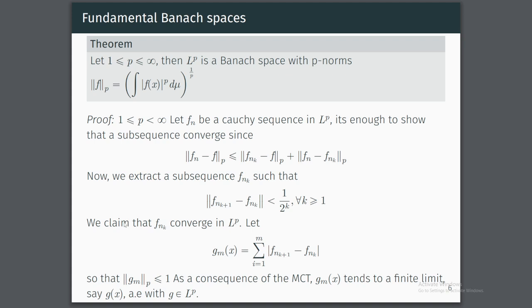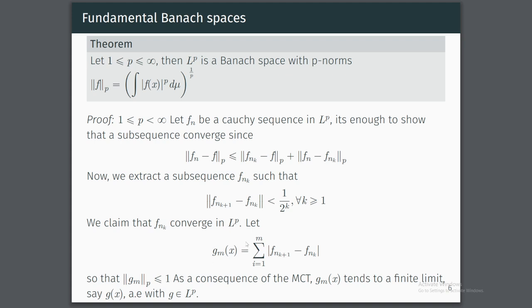So what we are going to prove essentially is that f_{n_k} converges in Lp. First of all, we're going to set g_m to be the summation from k equals 1 to m of |f_{n_{k+1}} - f_{n_k}|. This should be indexed by k, by the way, not i. First of all, the norm of g_m is going to be less than 1.